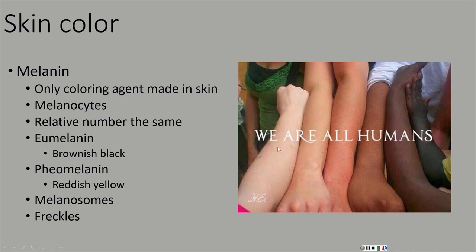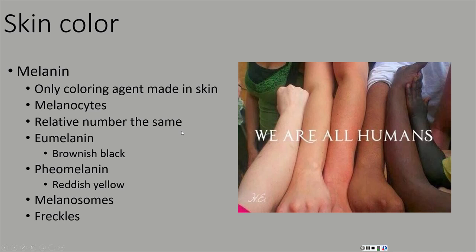And what we see here in this picture, on the left, very, very pale skin. And as we progress to the right, we're getting a little darker, a little darker, a little darker. On the right, we have very dark skin. Now, even though we would call these different races, there is no difference as far as skin structure. The relative number of melanocytes is the same.